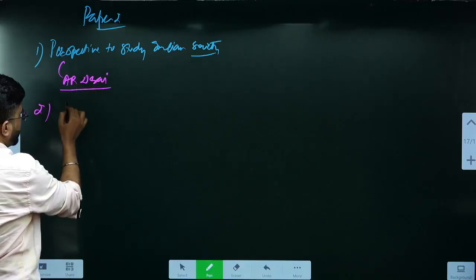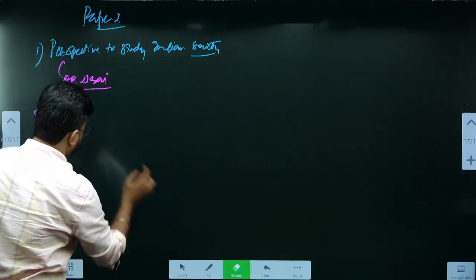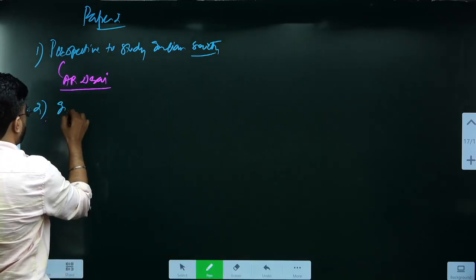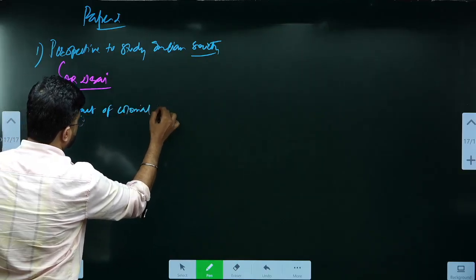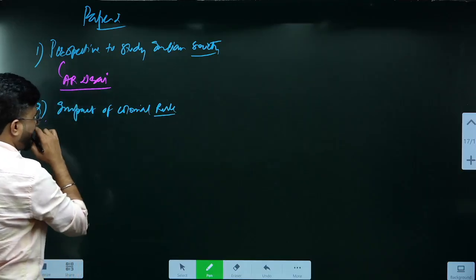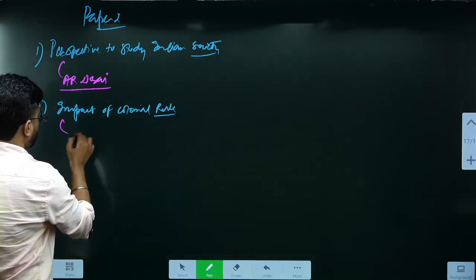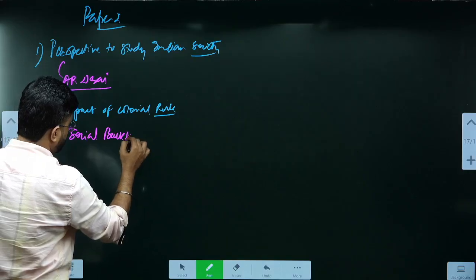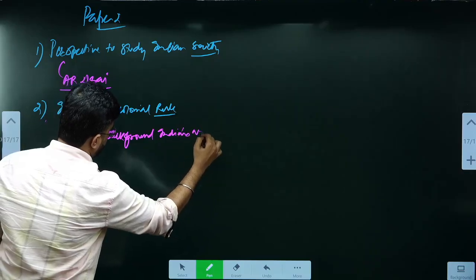there is a second chapter which talks about the impact of colonial rule on Indian society. Okay, there you have one part, the social background of India's nationalism.